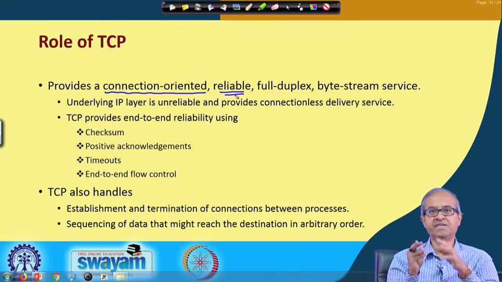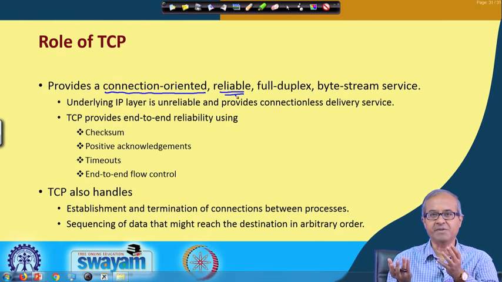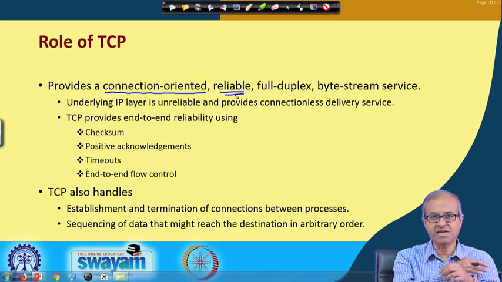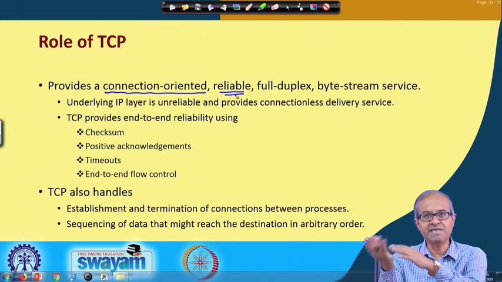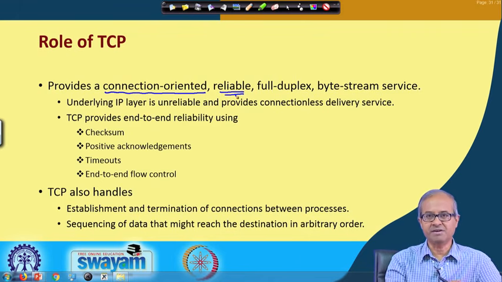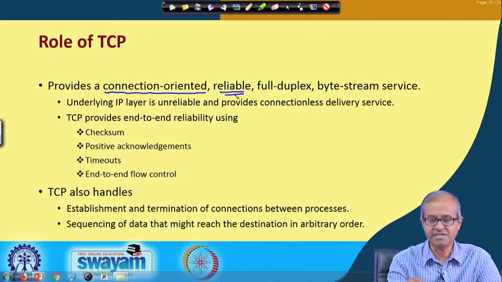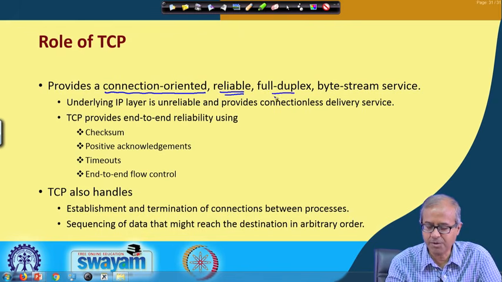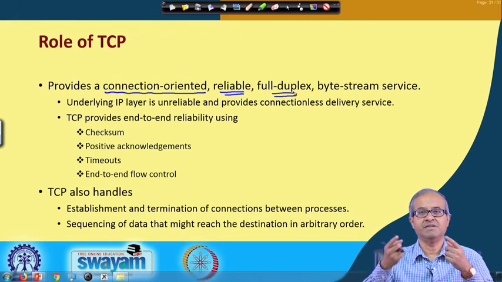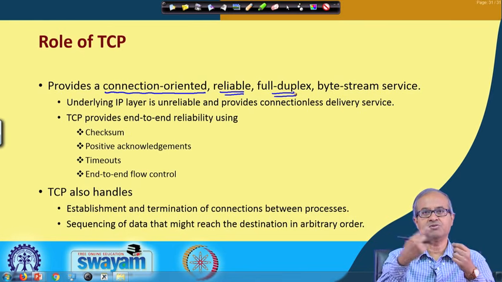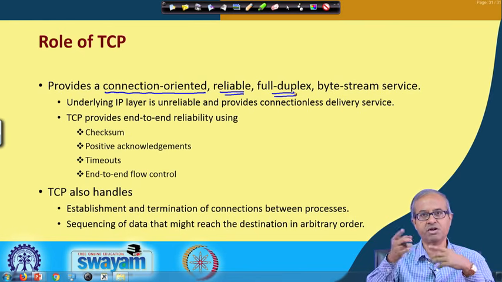Reliable means if there is any data corruption during transmission, some data packets getting lost or corrupted, TCP is supposed to keep track of that, and if something is wrong, the source or the sender will be requested to send the relevant part of the data again, so that the receiver can receive the data in a correct way. That is reliability. Full duplex means it is a two-way communication. A can send to B, B is also sending some data back to A. So, it is not a one-way communication.